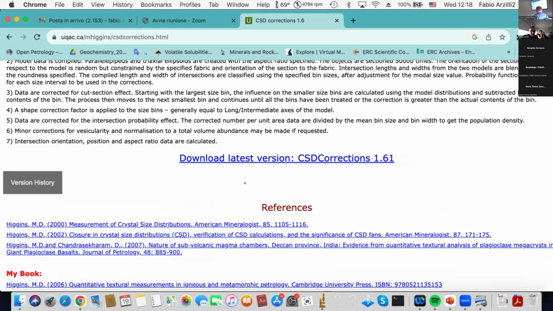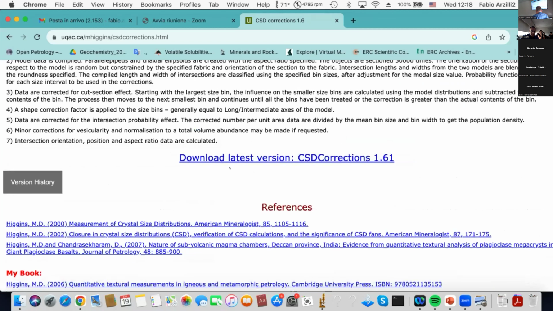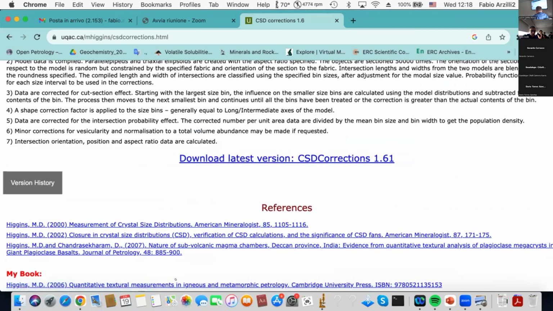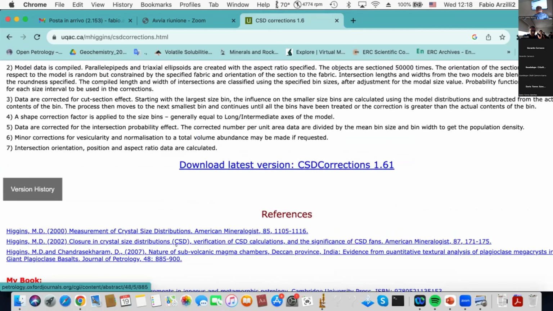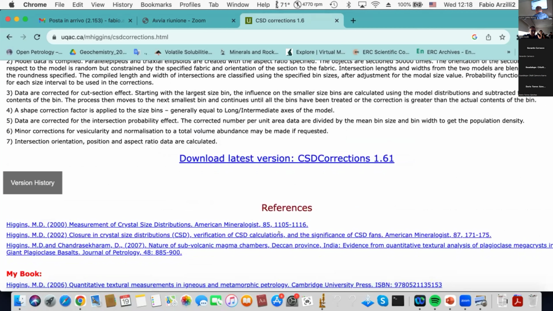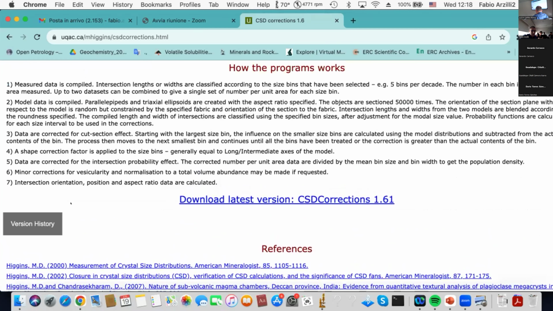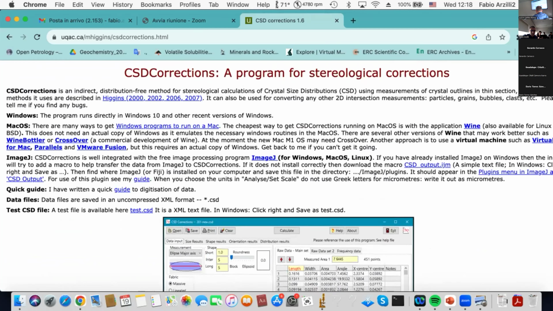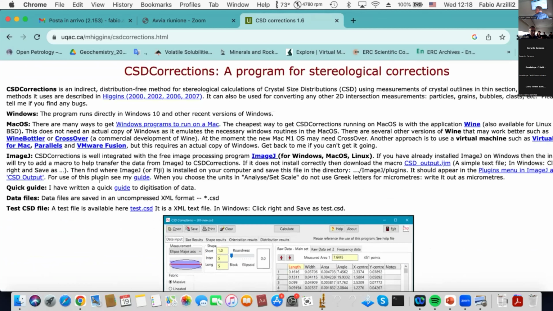And in the last version there are references. There is the book of Higgins talking about this, published by Cambridge University Press, and the three main papers of Higgins, where it's explained how to do it. It's quite straightforward now.